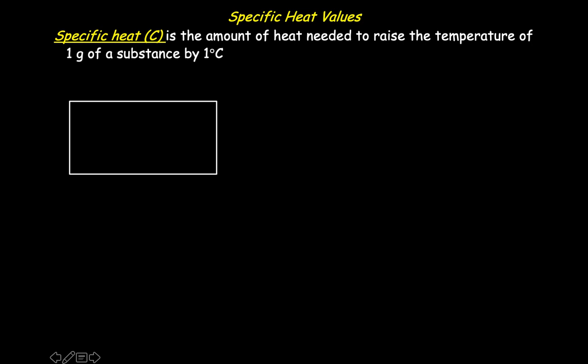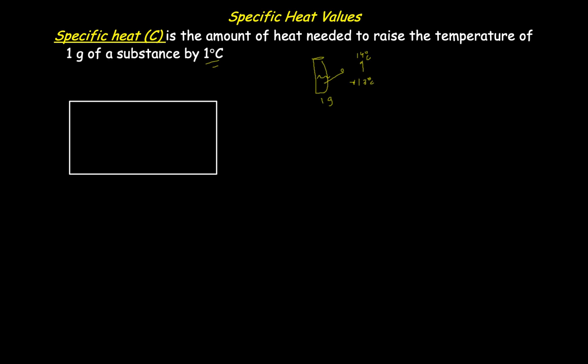But first, a quick word on what specific heat is. Specific heat is simply the amount of heat needed to raise a certain amount of something by a Celsius degree. For example, let's say you had this little sample test tube of water, and you wanted to take 1 gram of water and raise it from 13 degrees Celsius up to 14.